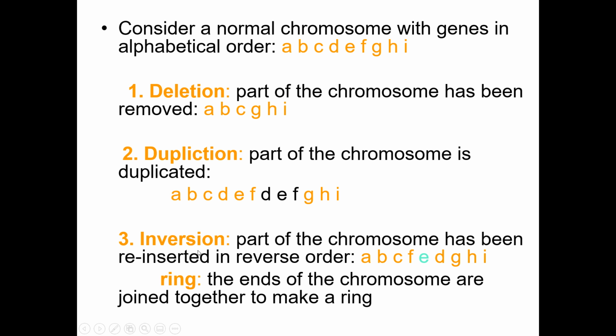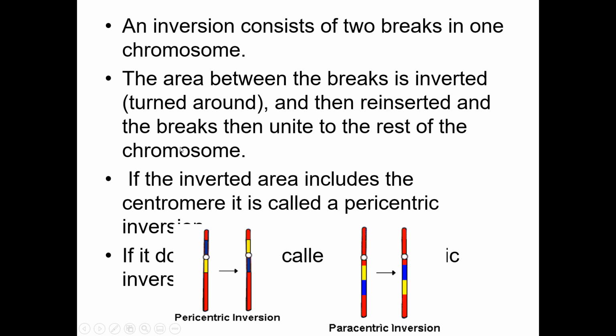This is how it has happened. If the inverted area includes the centromere, that is, if the inversion happens across the centromere, then it is called pericentric inversion.